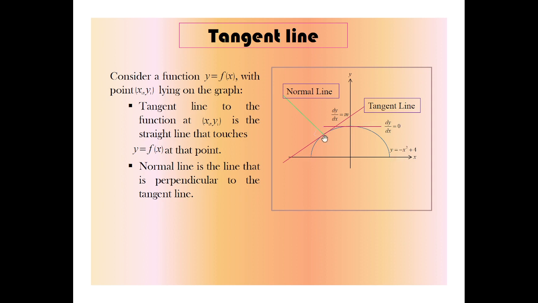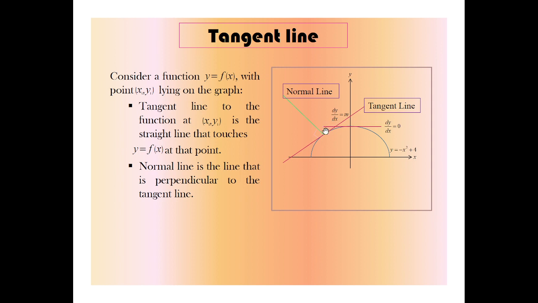The normal line is perpendicular to your tangent line. The meaning of perpendicular is that there is 90 degrees here. So the normal line is the green one, and the tangent line is the red one.